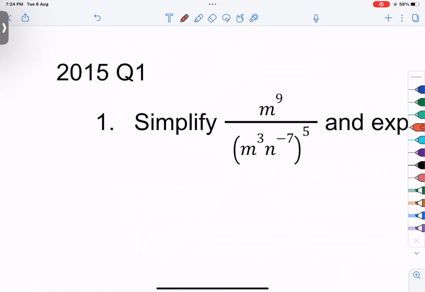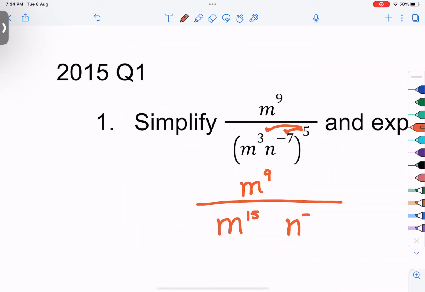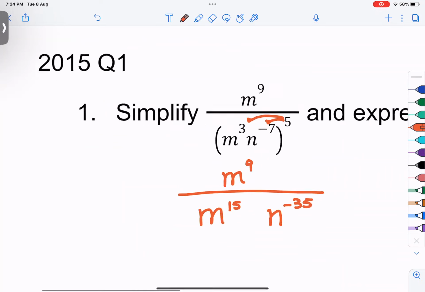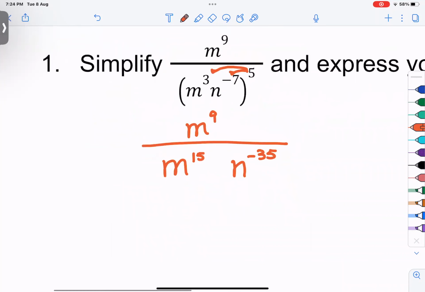And for the next one, the power outside goes in. There's a power inside already, so multiply it. 3 times 5, 15. -7 times 5, -35. And then see if there are any negative powers.